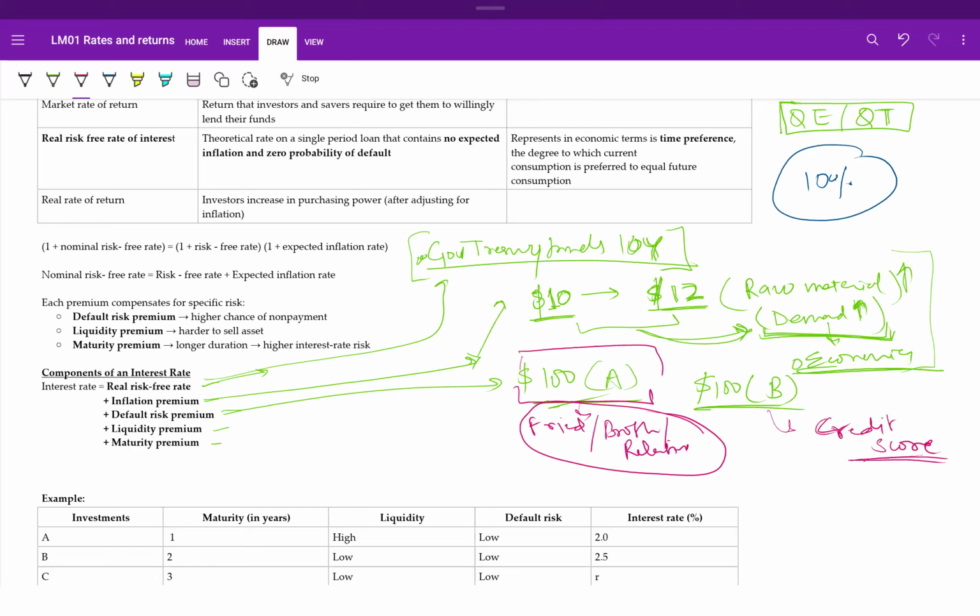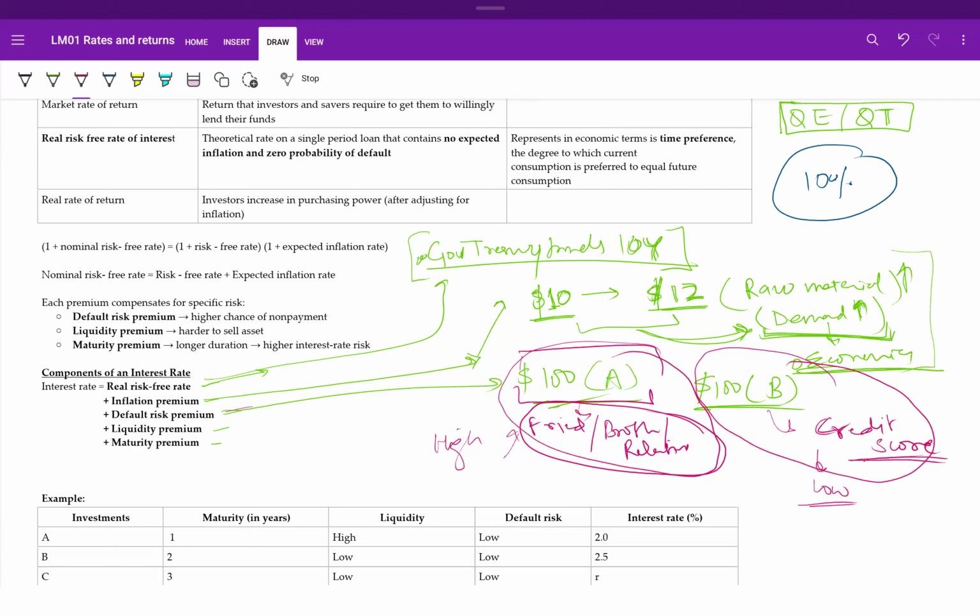So this is what default risk means. The probability of default here is high, and the probability of default here is low. So this is going to add a premium.